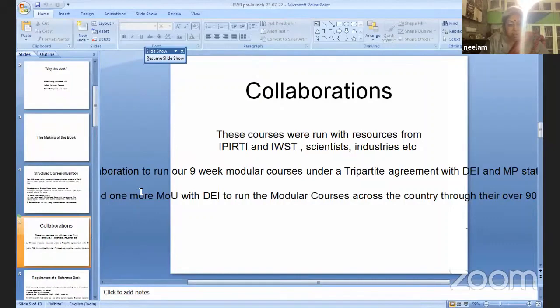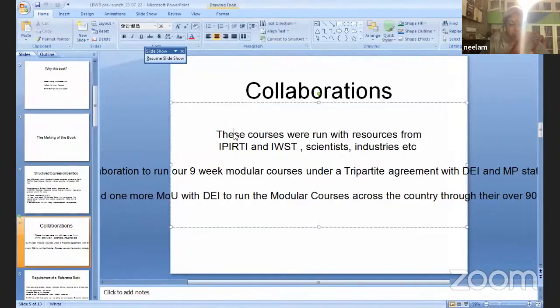They are now running it as a regular modular course as an institute, though it is not run so well, because this is almost a practical kind of course. We ran it for 1 or 2 years, and then due to COVID it has gone into a little problem, and we are again doing it.